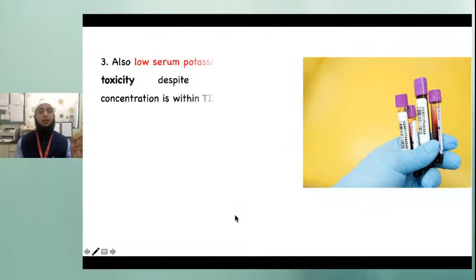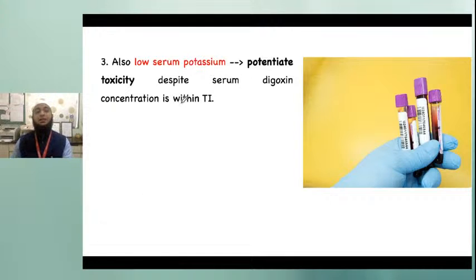Third reason: low serum potassium level, which is generally seen in case of diuretic treatment. Diuretic patients suffer from hypokalemia, right? If that is the case, as you have seen in drug interactions, it potentiates toxicity even though the serum digoxin concentration is within the therapeutic index.